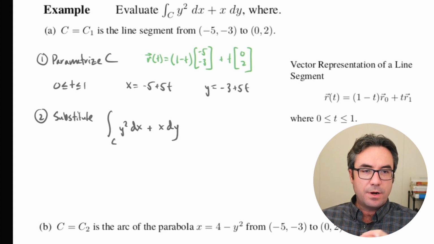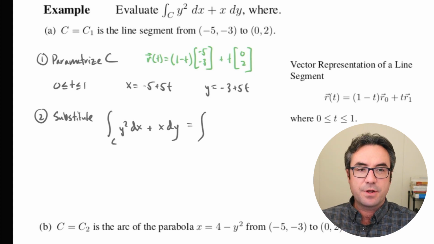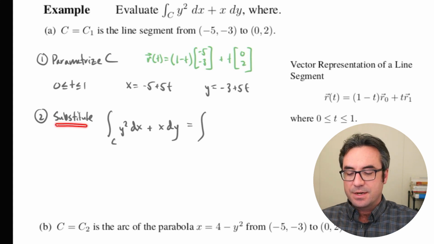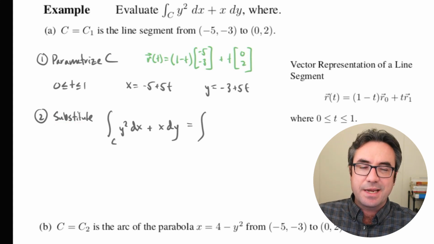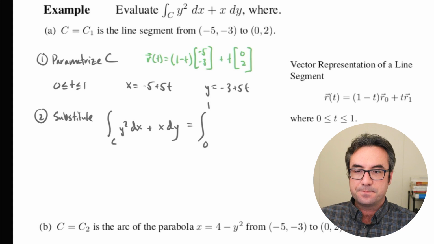Let's write out what all of this is. So first of all, we're basically converting this into a definite integral. So that's what this substitution step is, we're just getting it into a definite integral. So our limits for t are going from 0 to 1.